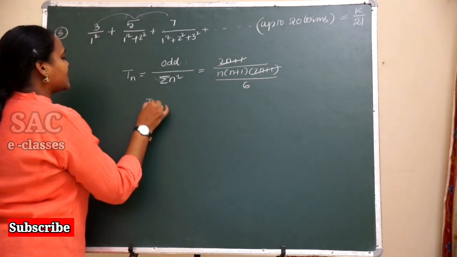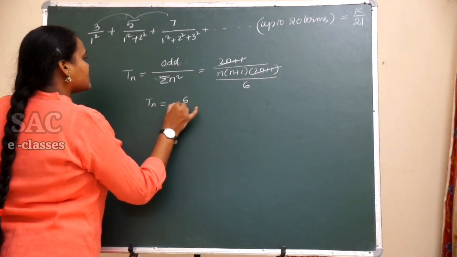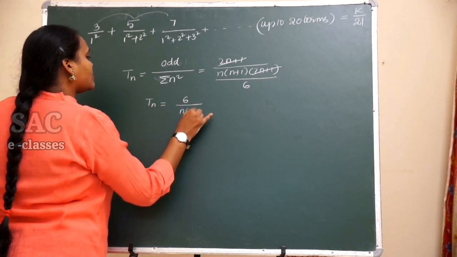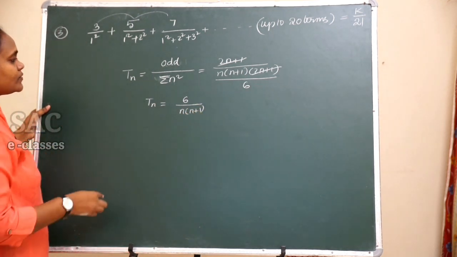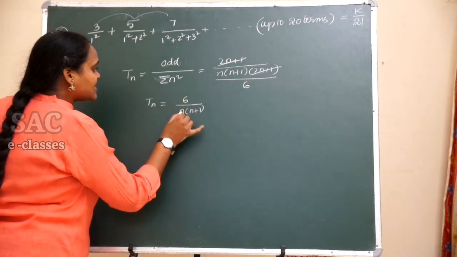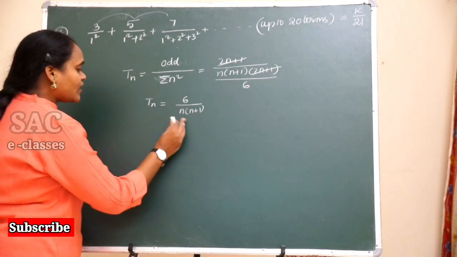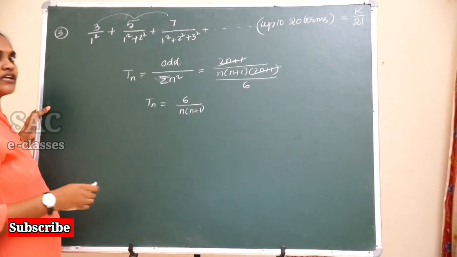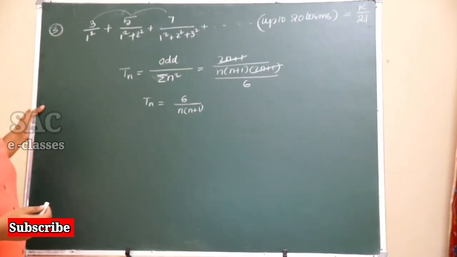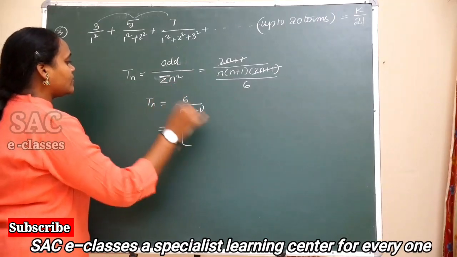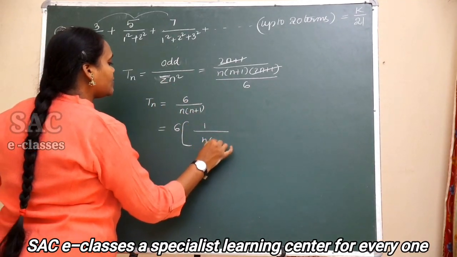So what nth term did we get? 6 by n into n plus 1. Do we need to write 6 by n square plus n? n square means sigma n square, so for the denominator we can't write it that way. That is why I am taking 6 into 1 by n into n plus 1.